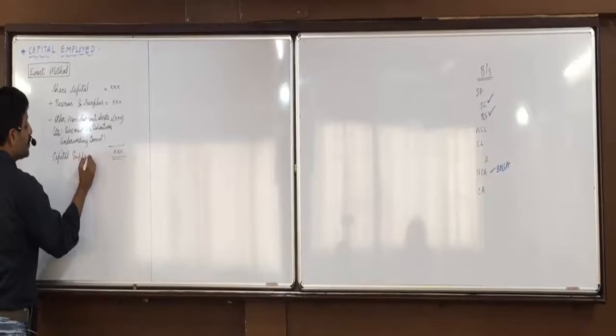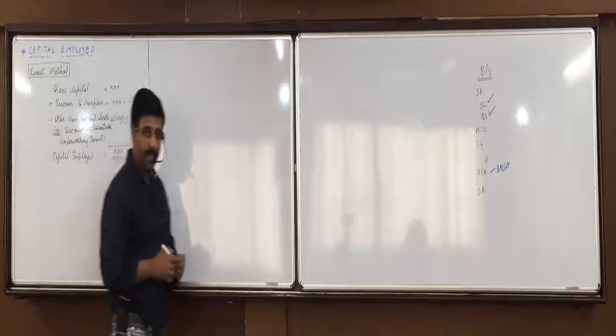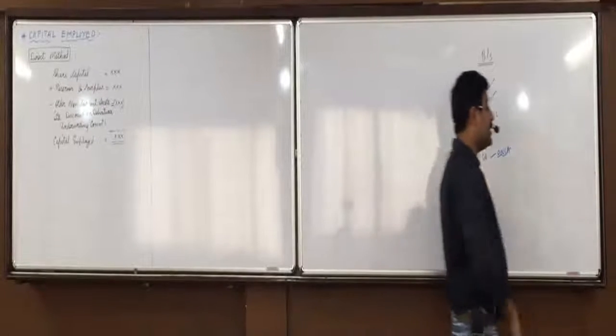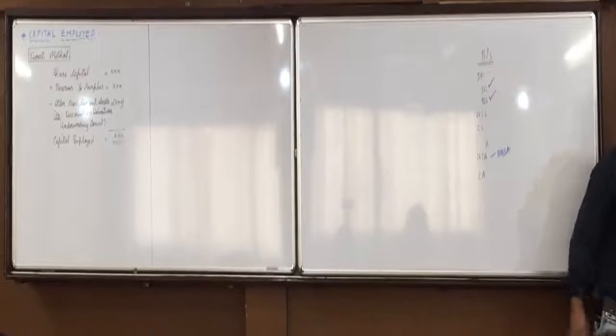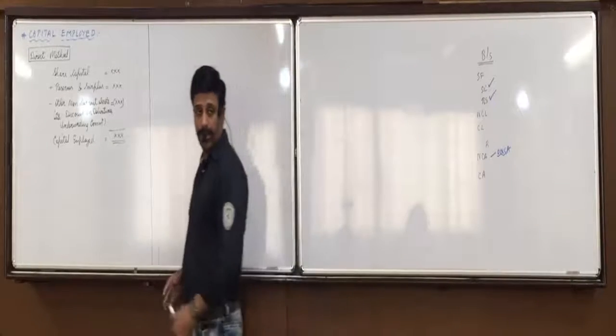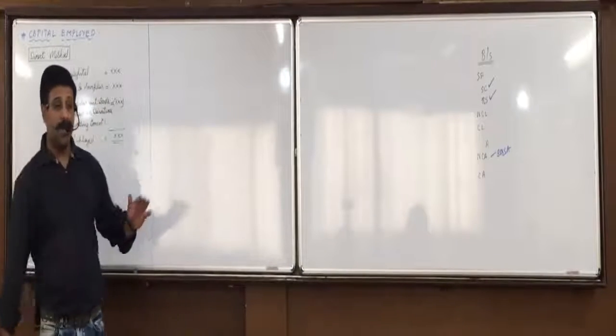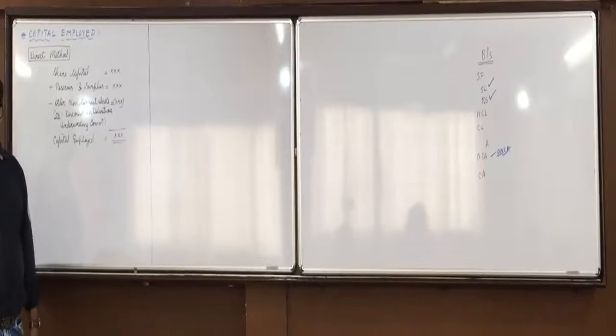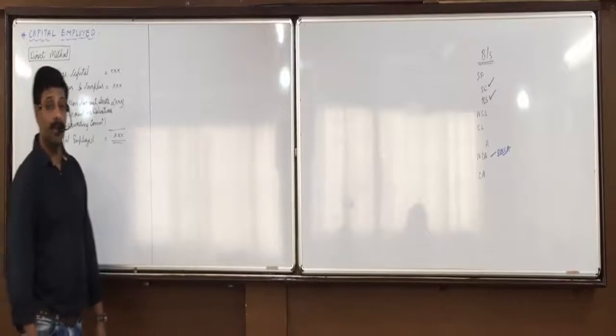Any doubts in this? Okay. Now, in this method there is a problem. What is the problem? If the value of assets and liabilities has changed, then if there is any profit, who is going to get the claim of that? Shareholders. If there is any loss, who has to bear that? Shareholders.